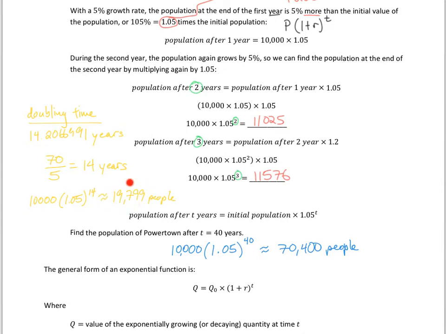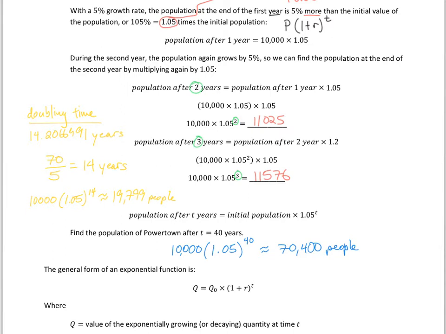I didn't get quite to double. So it's nice to know that that still works out, and that this is still an approximation. That division that we can do, 70 divided by the percent increase, it's just an approximation, but it ends up being a pretty good one.